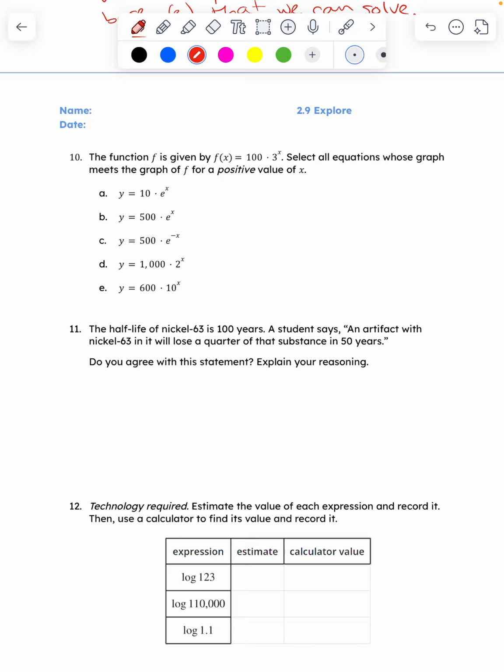But in general, in order for these functions to meet at a positive value of x, what do I need to be true, right? I need them to cross. So I need there to be some positive value of x where one is greater than the other, and some positive value of x where they've swapped, right? I can draw us a little graph here. I could have one function that starts here and curves like this, and another function that starts here and curves much more steeply.